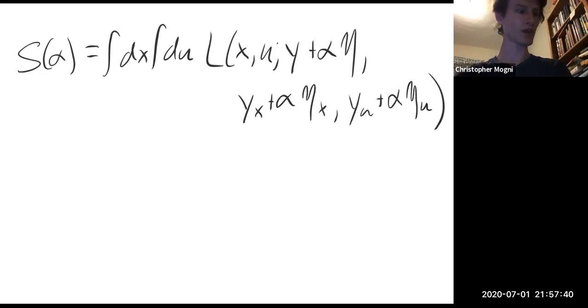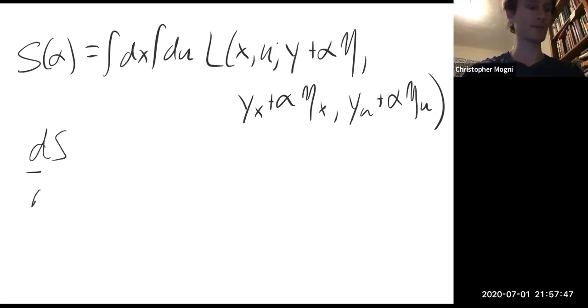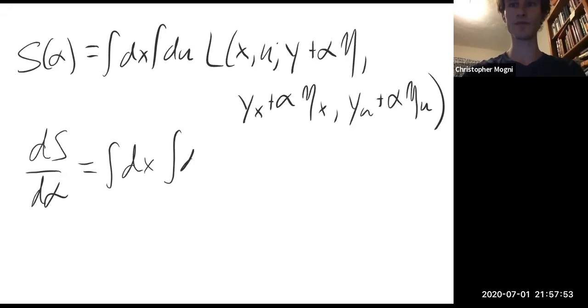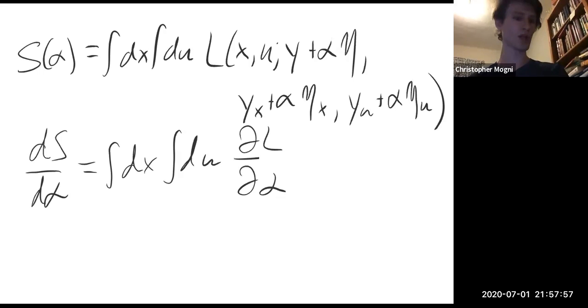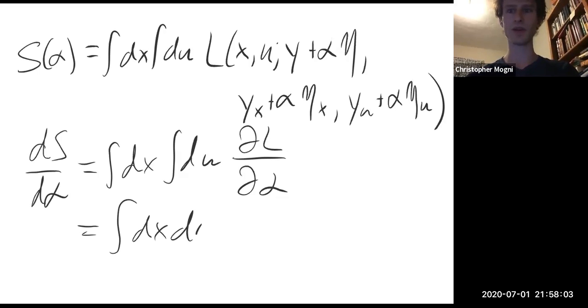Cool. And so if we take a derivative with respect to alpha, so dS d alpha, that means what we're really looking for is taking partial derivatives of L with respect to alpha. And the thing that's more complicated now about this is, I'm going to drop the second integral sign.